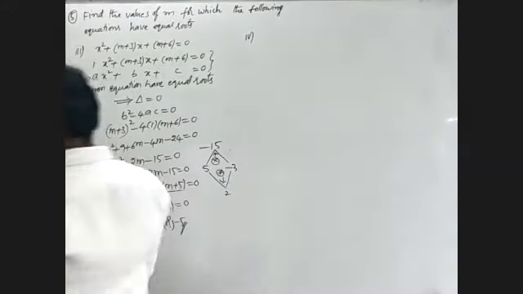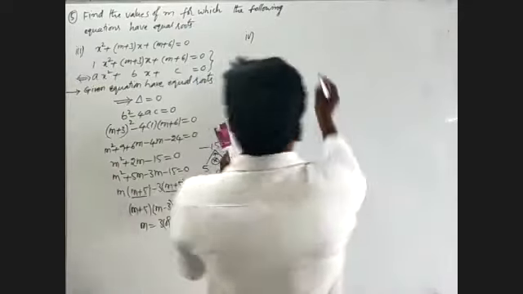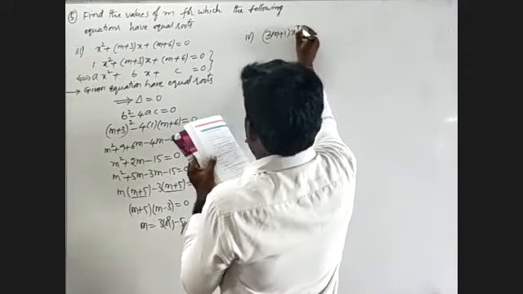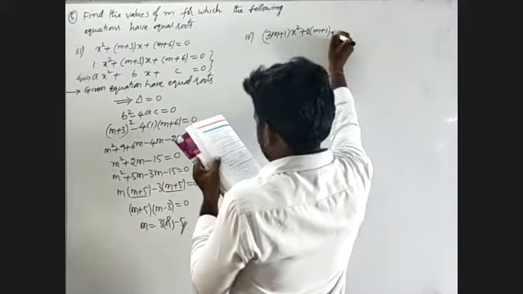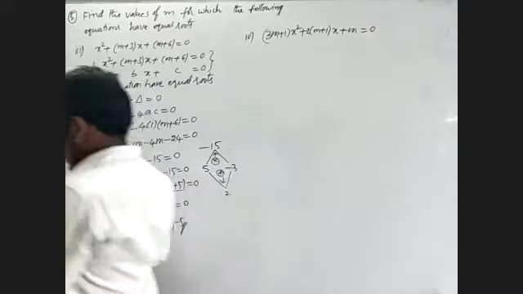Now I am going to the fourth one, that is (3m plus 1) into x square plus 2 into (m plus 1) into x plus m is equal to 0.